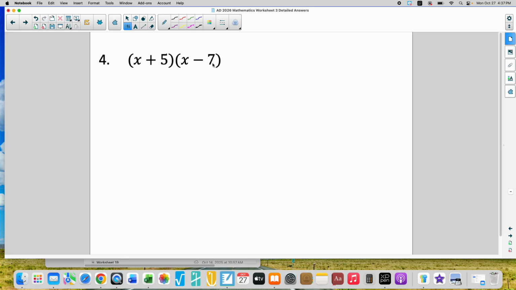All right. When we have the multiplication of two binomials, it's called double distribution. We have this term, and we're going to distribute it into both of the terms in the other. And then we're going to take this term and distribute that into both of the terms in the other.